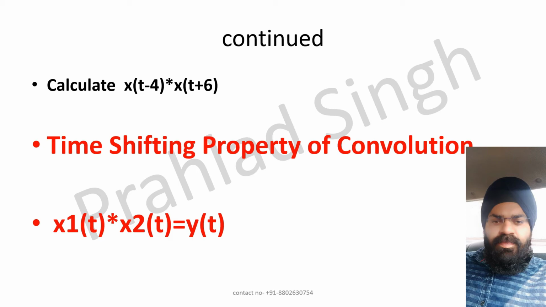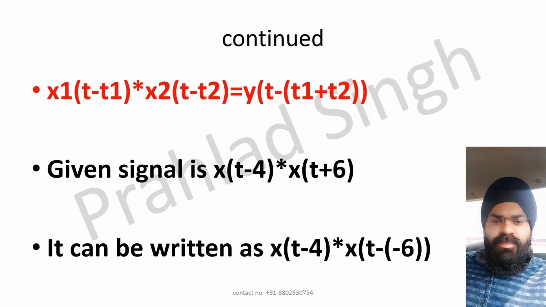This question is based on the time shifting property of convolution, which is: if x1(t) convolution with x2(t) gives y(t), then x1(t minus t1) convolution with x2(t minus t2) will have result y(t minus t1 minus t2). It is called the time shifting property of convolution.